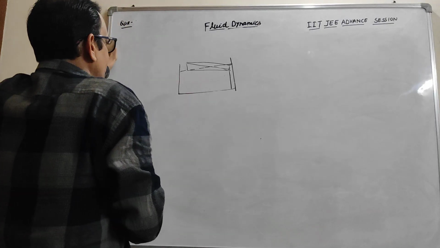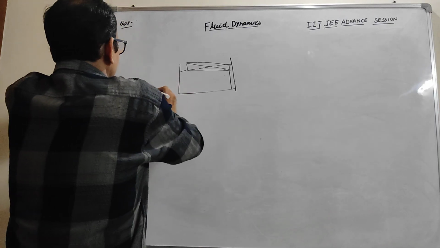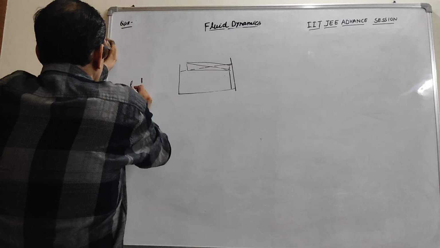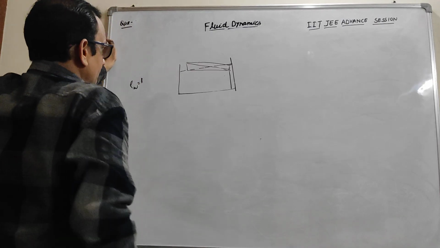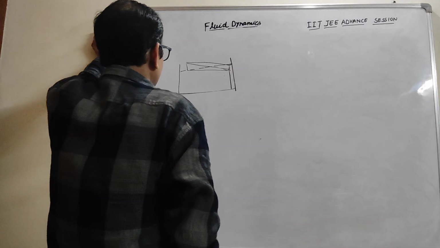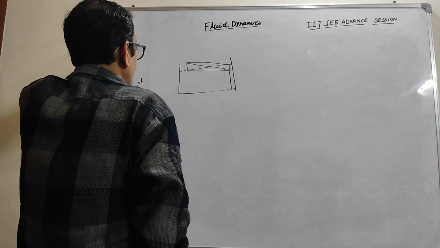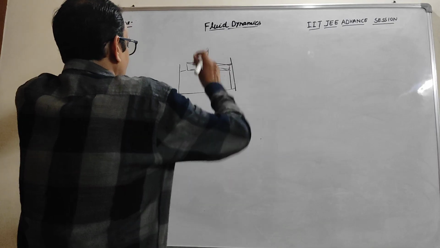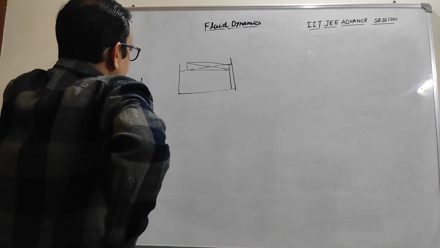The specific gravity of the liquid is given. This is water. For water, the specific gravity is 1, and we have to calculate here the specific gravity of the block, this plank.